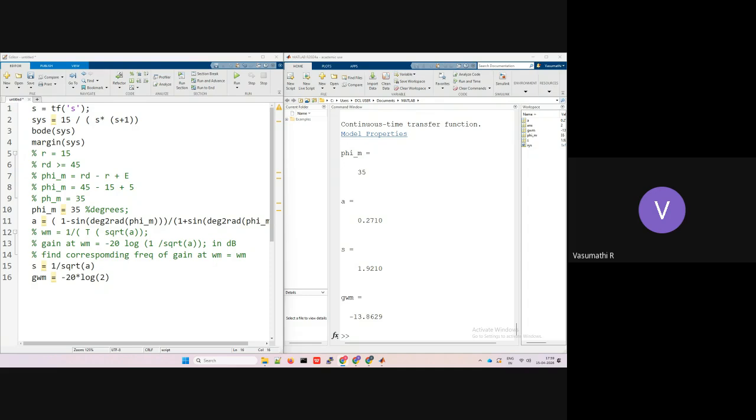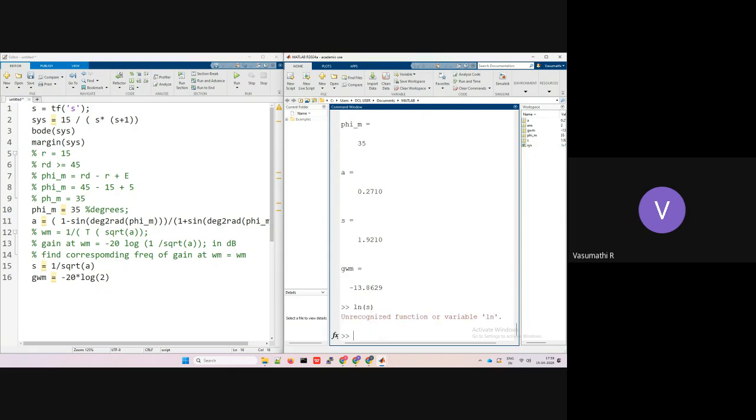Okay, in MATLAB, log of something represents ln actually.